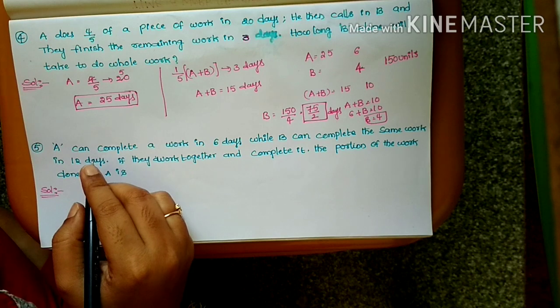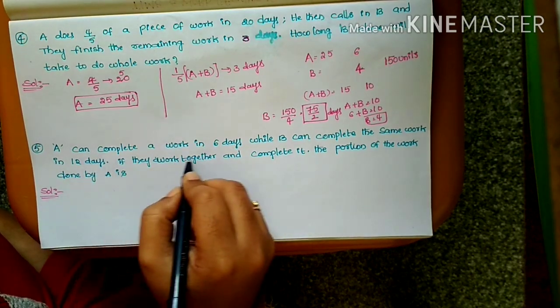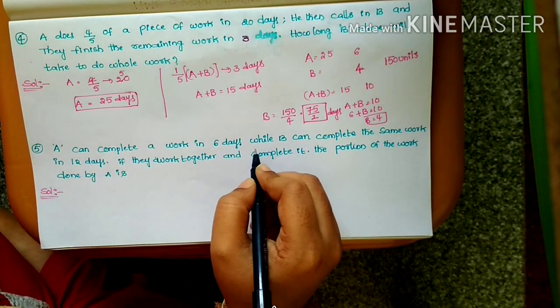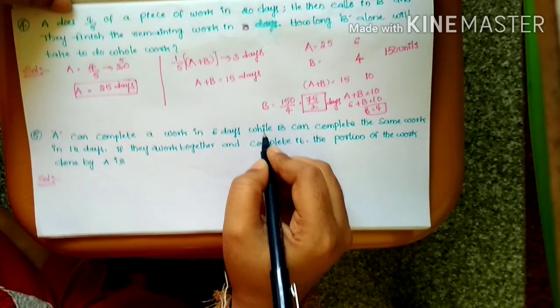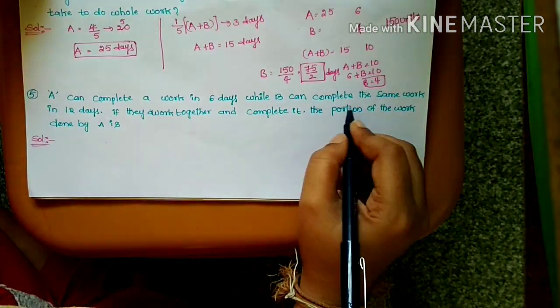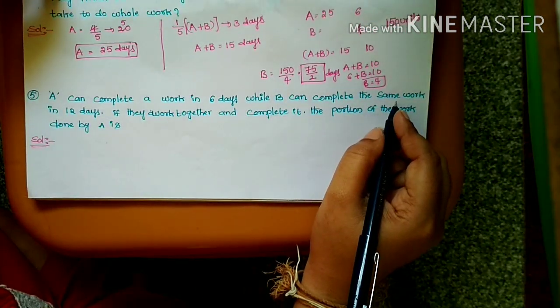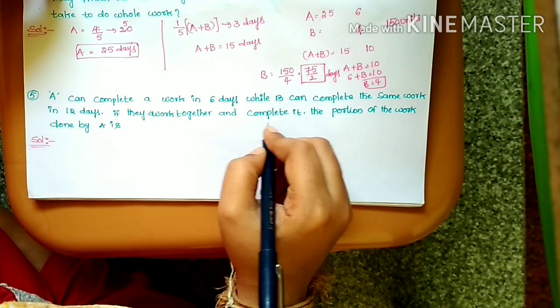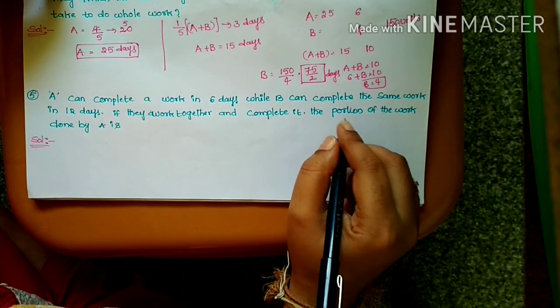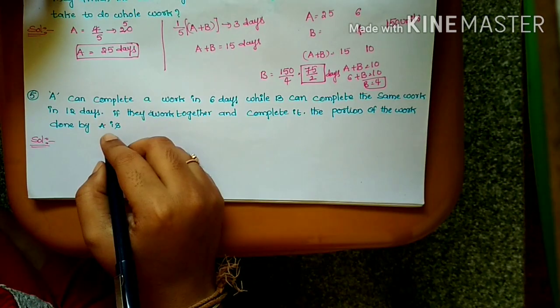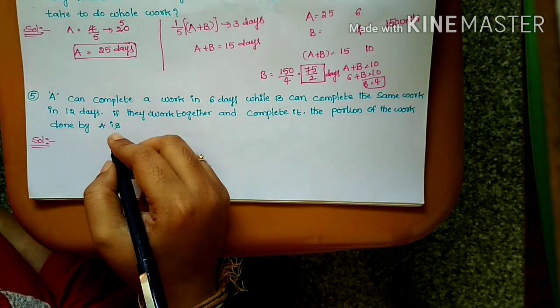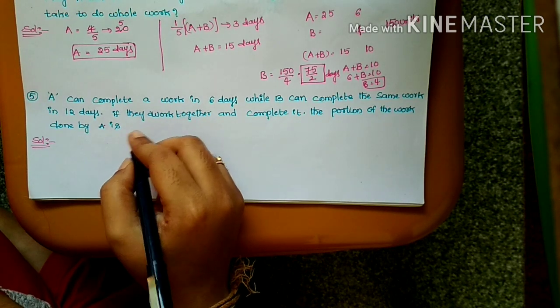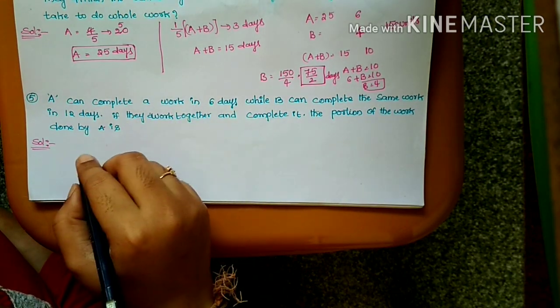Next, fifth question. A can complete the work in 6 days while B can complete the same work in 12 days. If they work together and complete it, the portion of the work done by A is what? Already I told you in the starting.